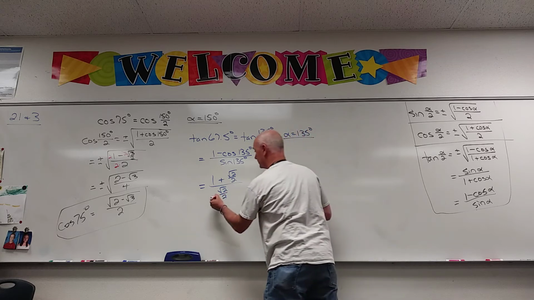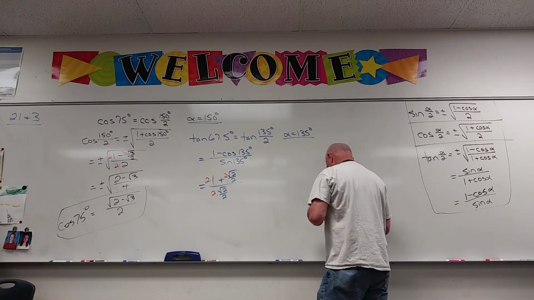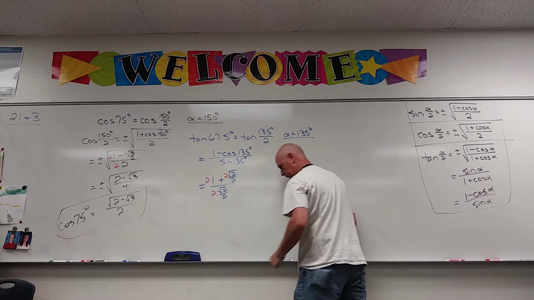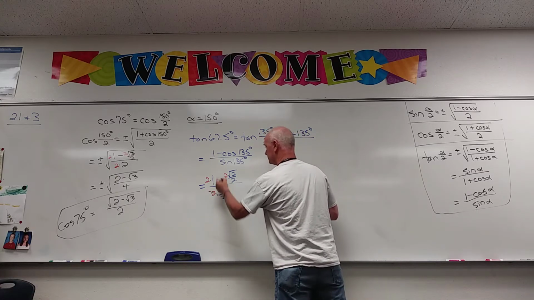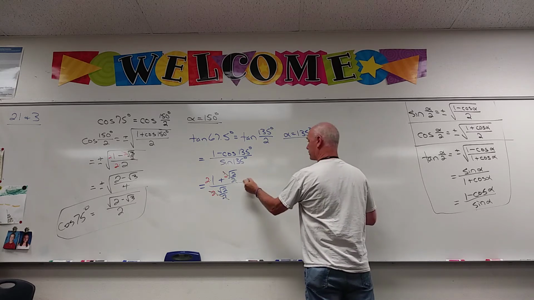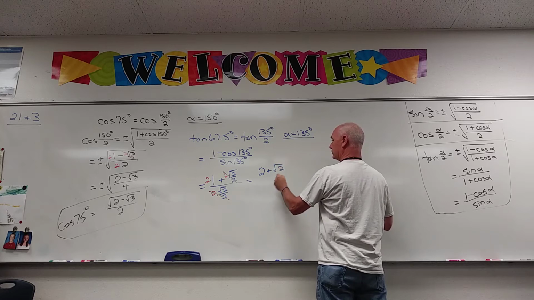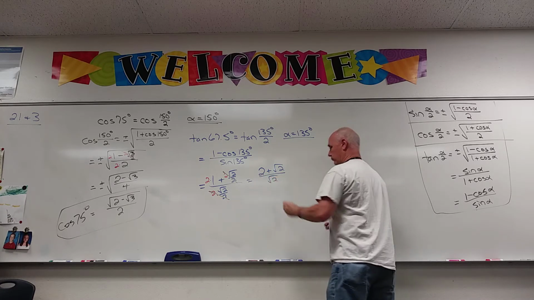Times 2. And then, zapparoo, which gives us 2 plus 2 over root 2.